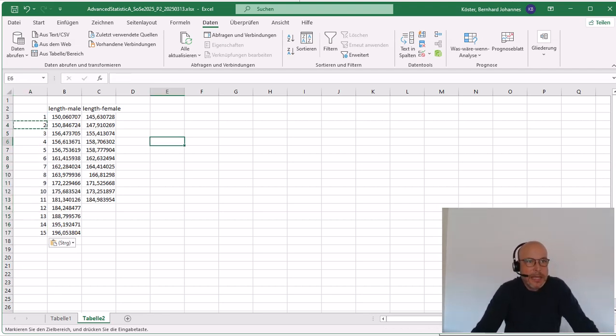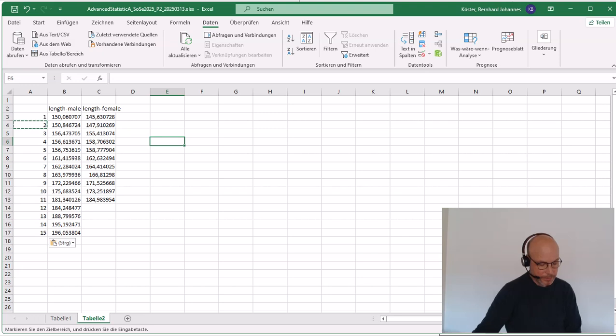And so contingency table means now our data differs in two dimensions. The one dimension is of course length, and the other dimension is are we male or female.